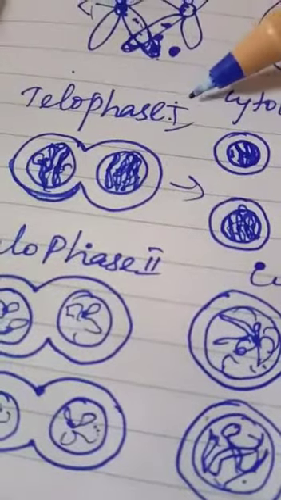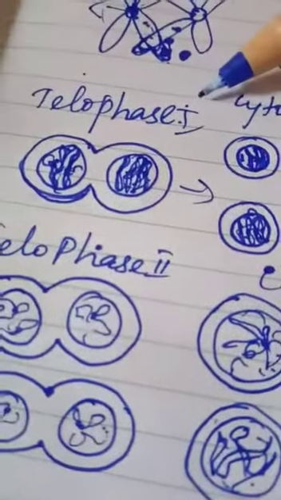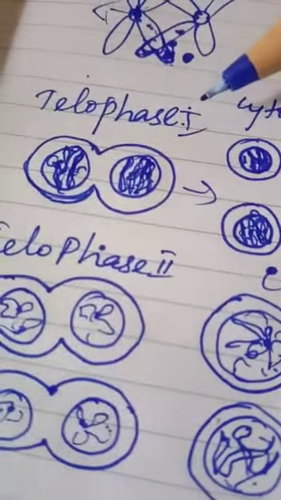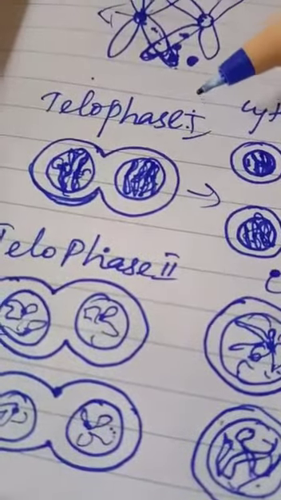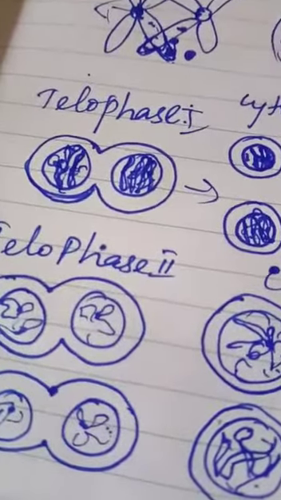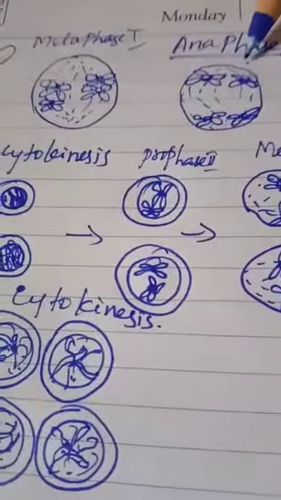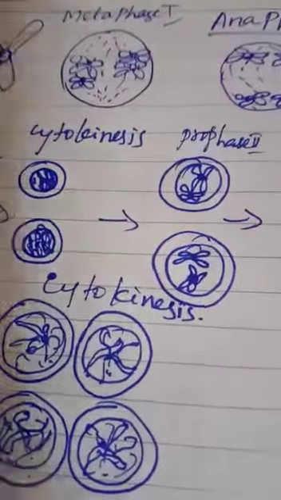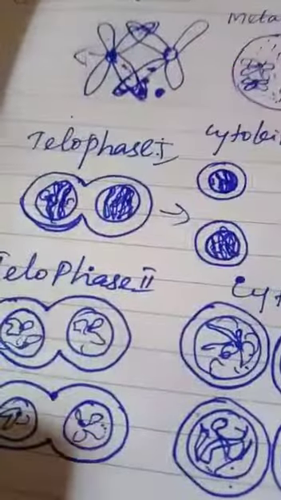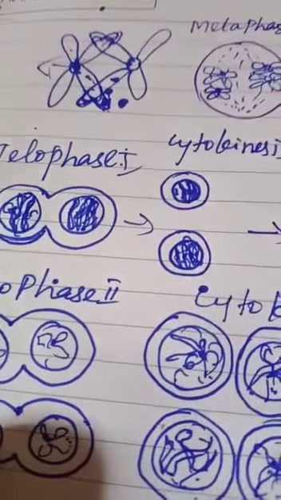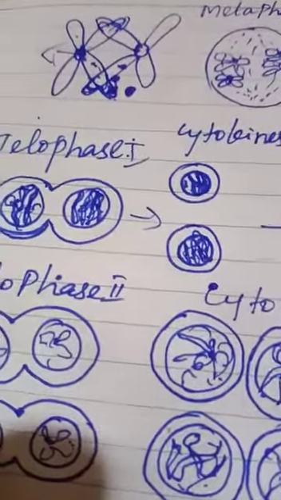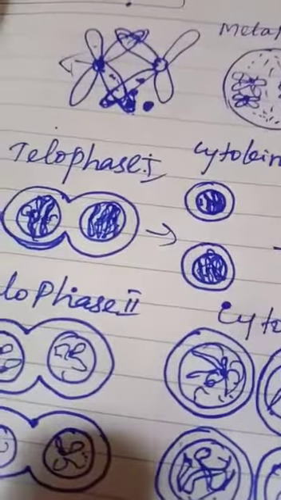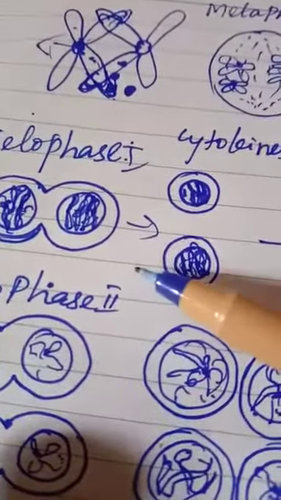In telophase 1, the haploid number of chromosomes reach their respective poles. After that, they become uncoiled and elongated.